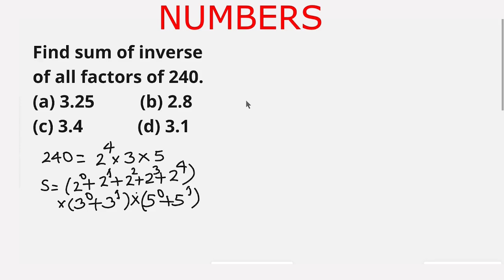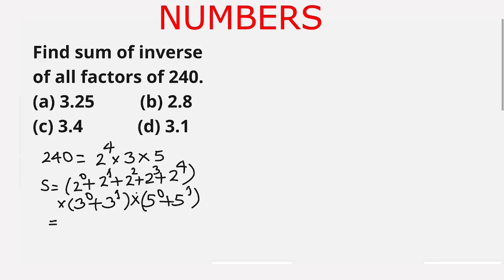The power of 2 is 4, so we started with 2 to the power 0 and we ended with 2 to the power 4. 2 to the power 0 plus 2 to the power 1 plus 2 to the power 2 plus 2 to the power 3 plus 2 to the power 4.